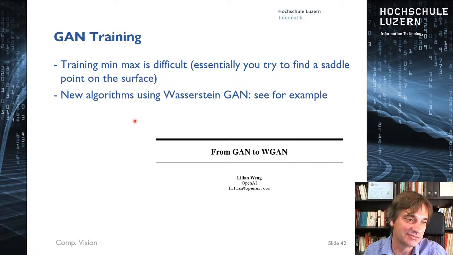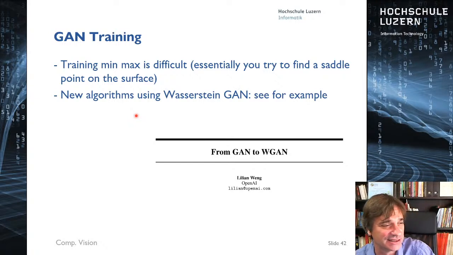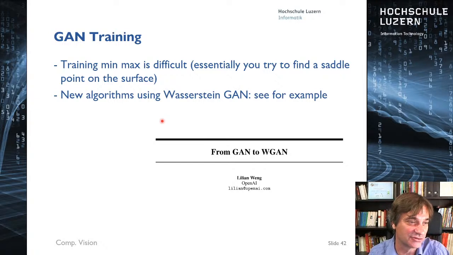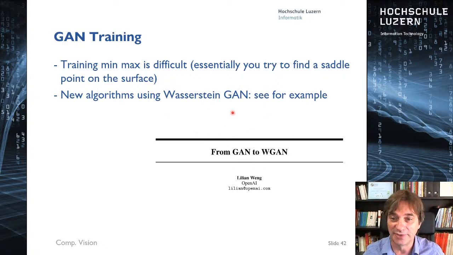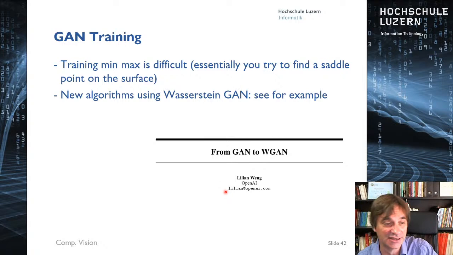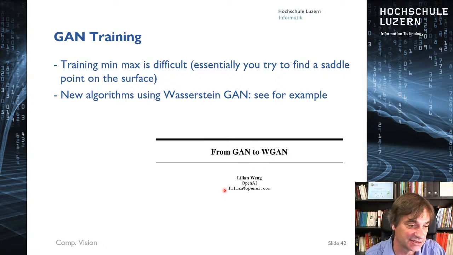There is now, not so new, but like I think 1.5 years ago, some new approach, the so-called Wasserstein GAN, that uses some special numerics to train GANs, and with that approach it becomes much more stable. This was from OpenAI.